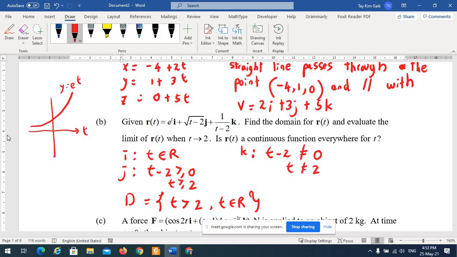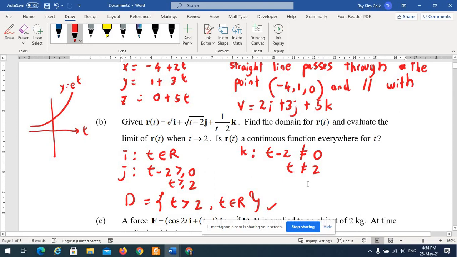So for the vector valued function, the only new thing is the intersection of these three components. The rest are actually from functions of one variable. You should have learned in matriculation, or SPM, or from your secondary school. And in the first chapter, functions of several variables, we also went through domain and range.